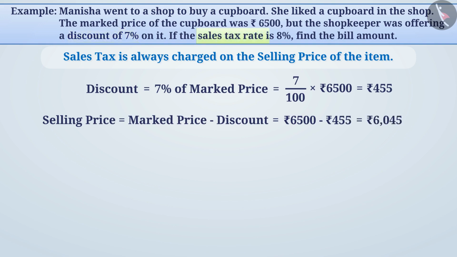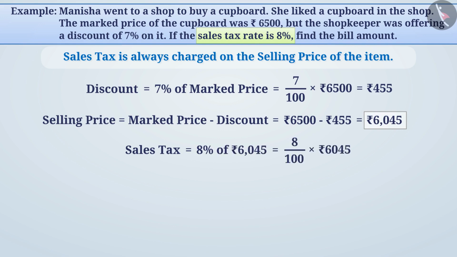Since the sales tax 8% is applicable on the selling price of rupees 6,045, sales tax is equal to 8% of 6,045 rupees, is equal to 8 divided by 100 multiplied by 6,045 rupees, is equal to 483.60 rupees.